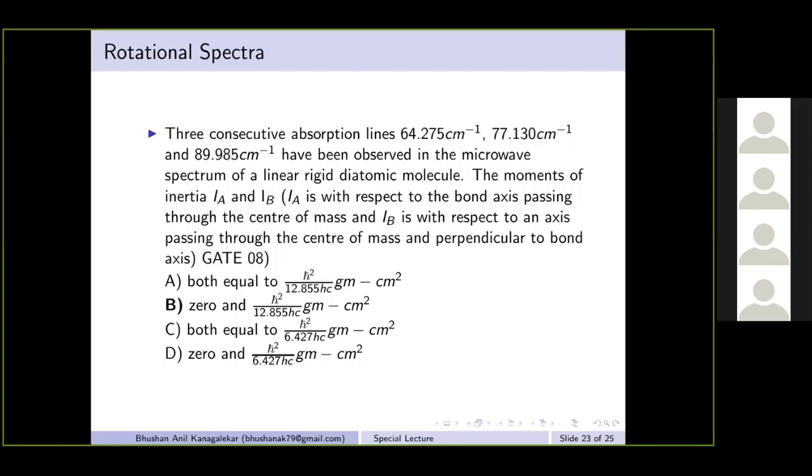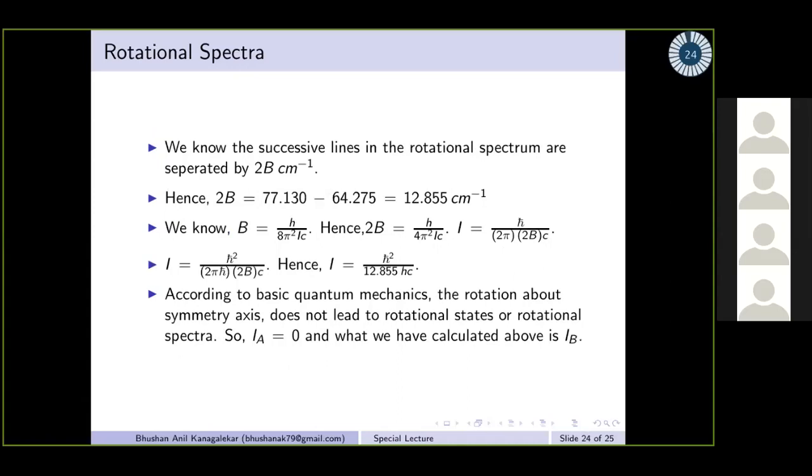So this problem is about IA and IB. What are IA and IB? By rotational spectra, we get the moment of inertia about an axis perpendicular to the bond length, because according to basic quantum mechanics, if I rotate about the symmetry axis, that is the bond length, I will not get any rotational states.